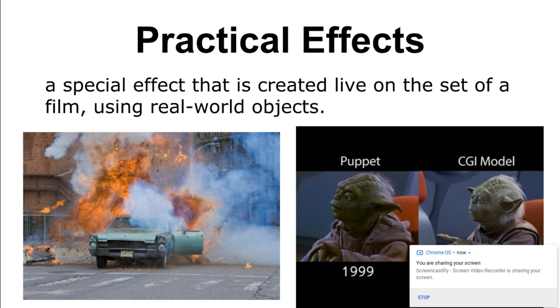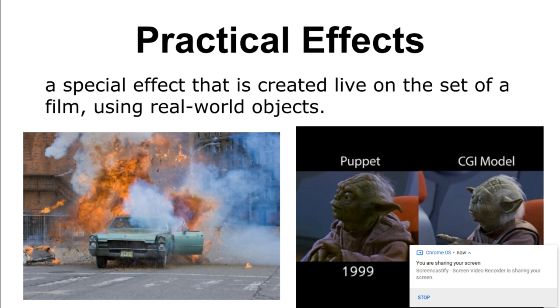So anytime you have a real explosion, real blood maybe on a person, or for instance, a big change was Yoda from Star Wars was originally a puppet, but now he's computer generated.